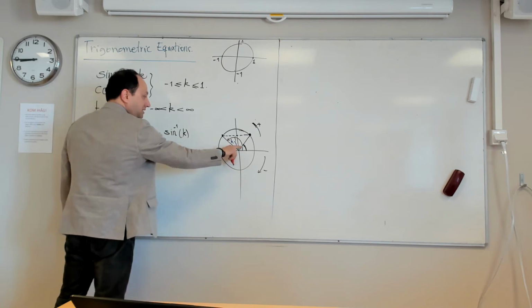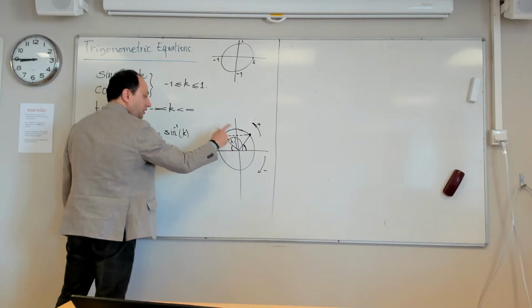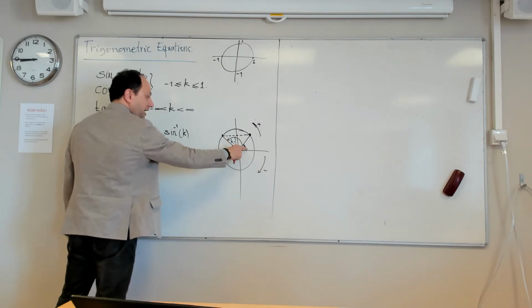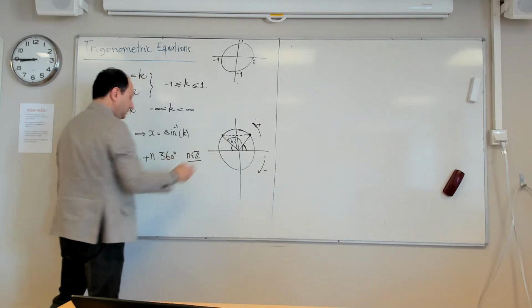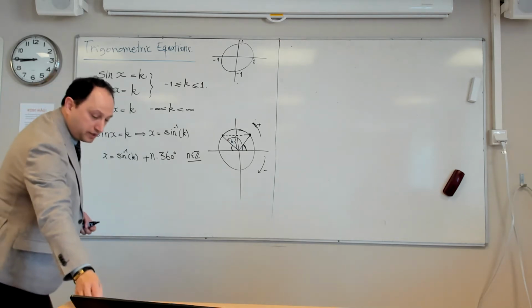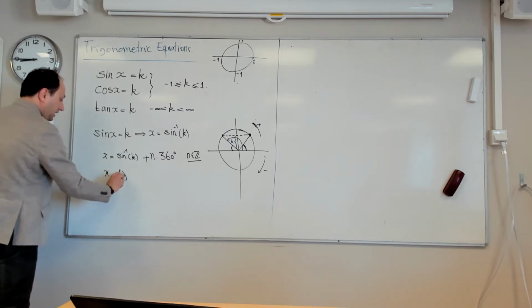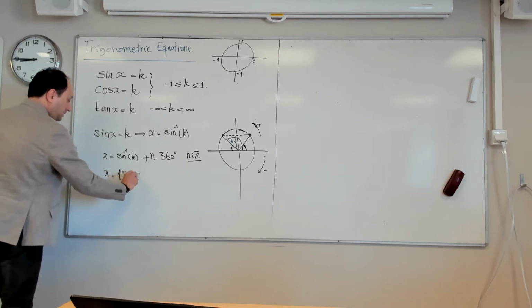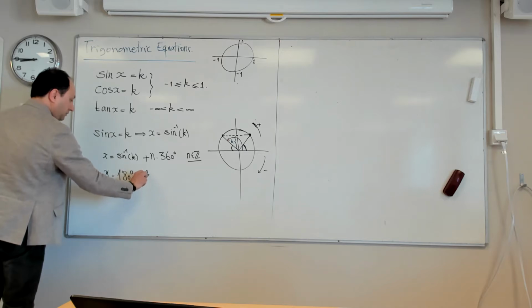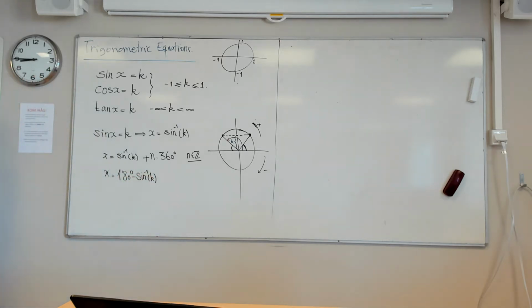But this angle is the same size as this angle, but I want this angle. So I need to write 180 minus this angle, which becomes this bigger angle, yes? So another possibility is to write x is equal to 180 minus sine inverse of k.